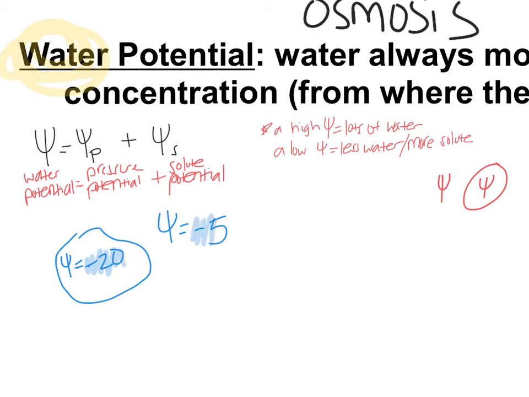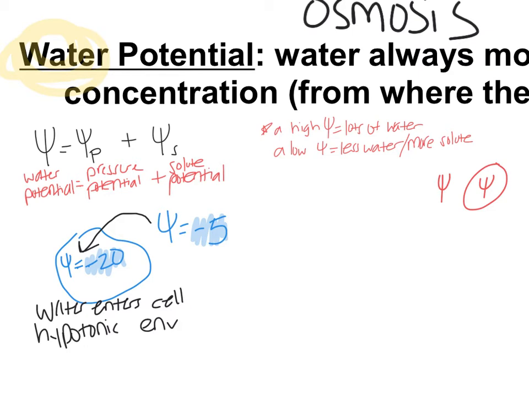If I compare -20 and -5, my lower number is more negative, so my higher number is -5. Water will flow from high to low. In that example, water would flow into the cell. That indicates to me a hypotonic environment.